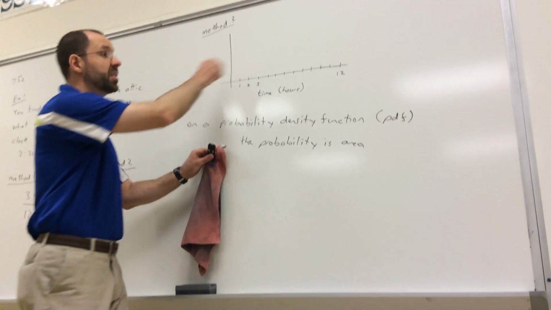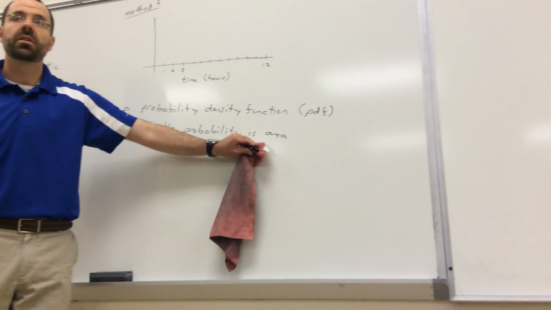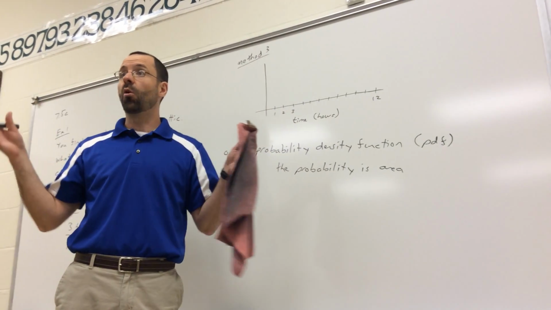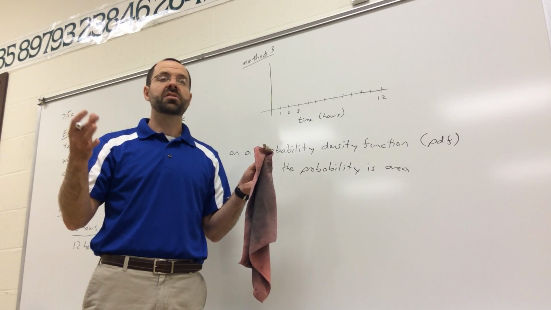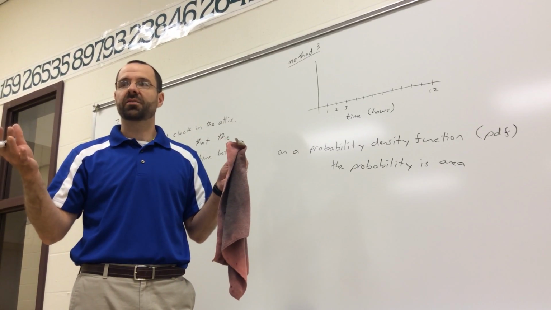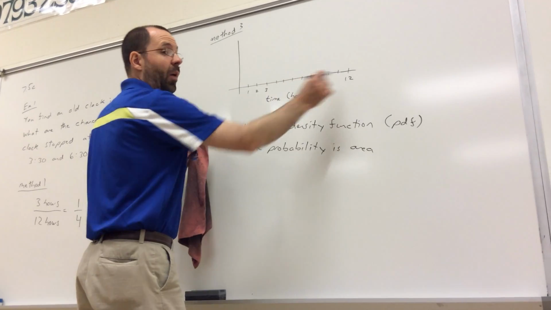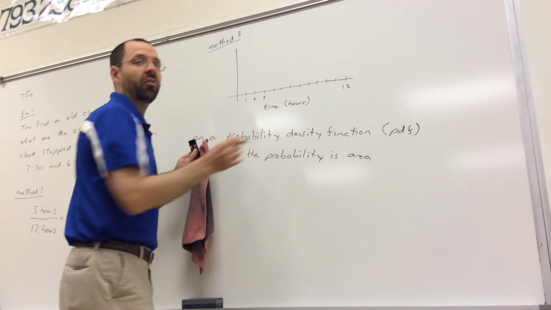Okay, so I need to set up this function so that the probability is area. So I need to set up this function so that the area underneath the whole thing is 100%. Because the chances that the clock stopped somewhere is 100%, right? So it could be anything between 0 and 12. So how can I make the area from 0 to 12 be 1?